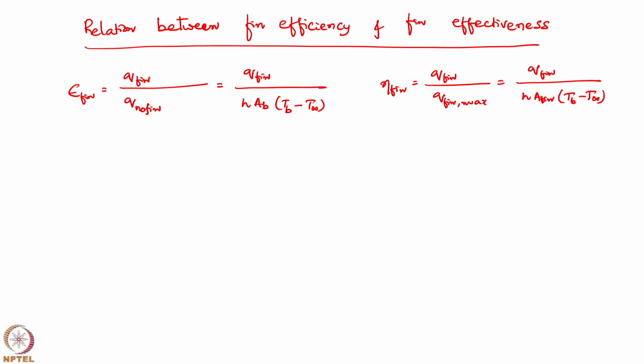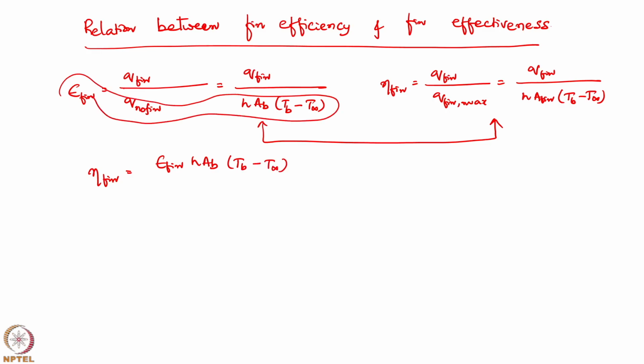So now if you compare these two equations, if you substitute for Q fin, Q fin equals effectiveness of the fin into h into Ab into Tb minus T infinity, divided by h into area of the fin into Tb minus T infinity.